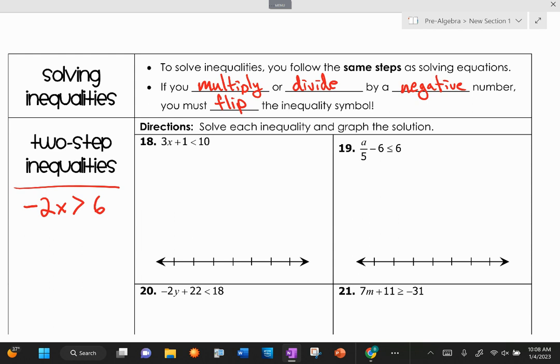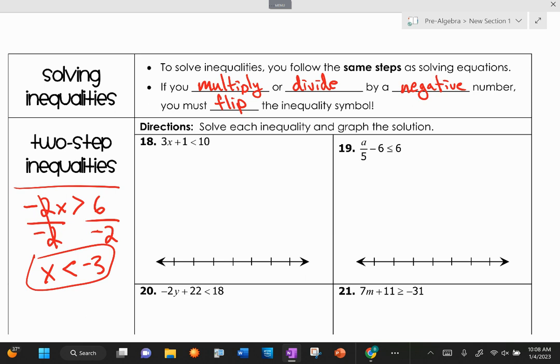Divide both sides by negative 2. This goes into the rule that I just told you. If you multiply or divide by a negative number, you have to flip the inequality sign. So you'd have x. Now you no longer have greater than. You have less than negative 3. And that would be your solution. x is less than negative 3.